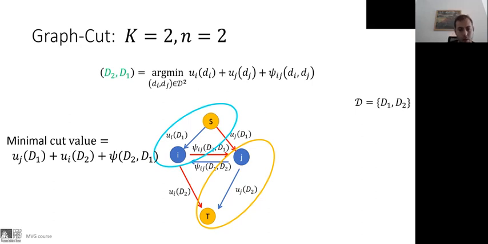Because of the definition of the cut, we have two sets. One of them is with the source, and one of them is the target. And the definition of the cut is to sum only edges that go from the set with the source to the set with the target. That's the definition of the cut, and that's what the polynomial algorithm will give me.